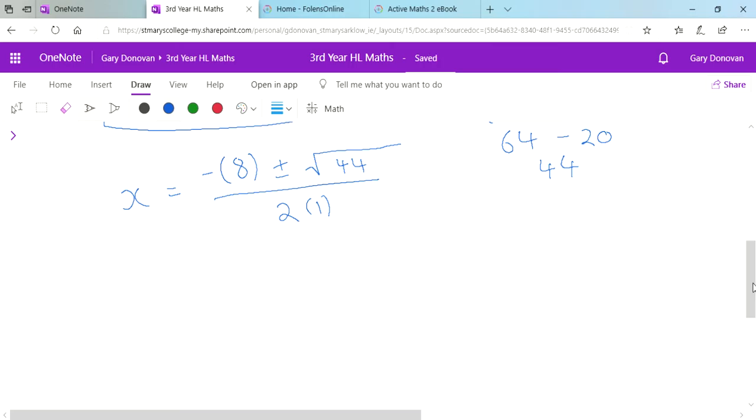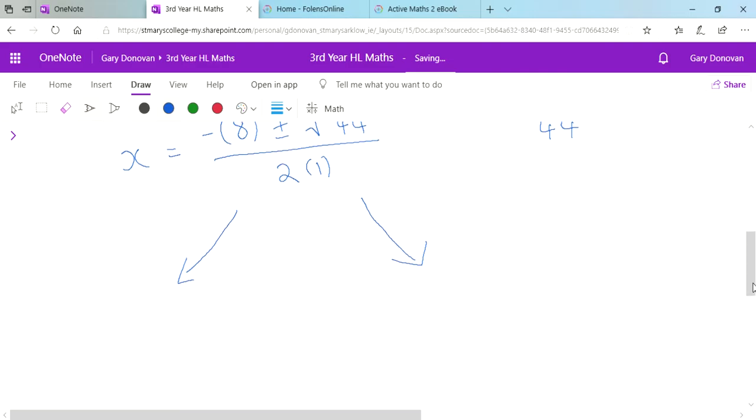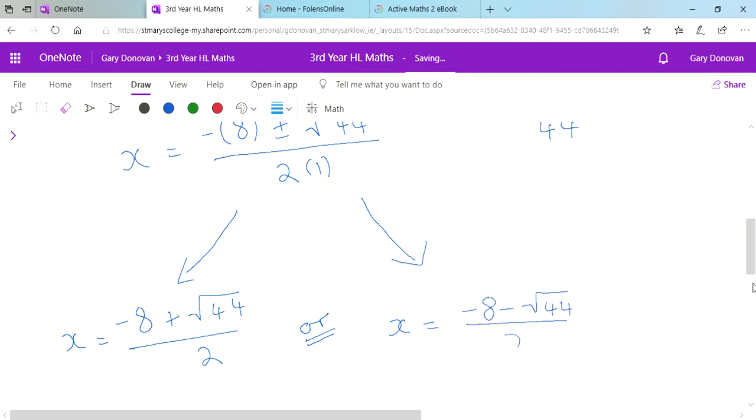If you remember, for the other questions we always had two answers, and this is why we use this plus or minus. What we actually do now is we have two equations. It's two equations written in one really. We have x equals minus 8 plus square root 44 over 2, or, because we have two answers, x equals minus 8 minus square root 44 over 2.